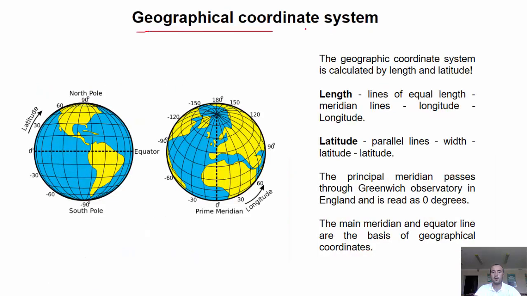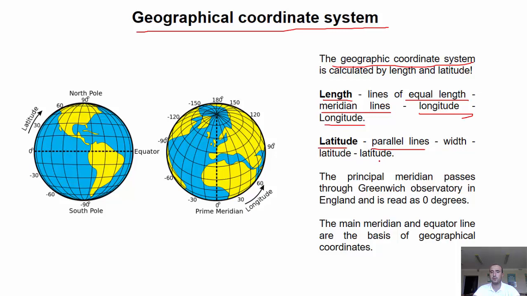A geographical coordinate system. The geographic coordinate system is calculated by longitude and latitude. Lines of equal length are meridian lines, longitude, and latitude is the parallel lines.